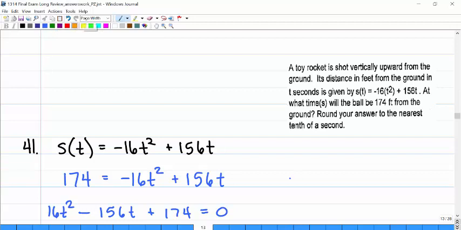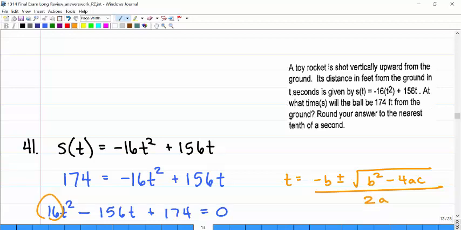That does not factor nicely, so I'm going to have to use the quadratic formula that says t equals negative b plus or minus the square root of b squared minus 4ac all over 2a. That's the quadratic formula. In this case, a is 16, b is negative 156, and c is 174.